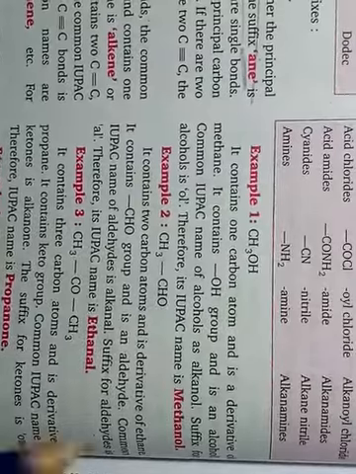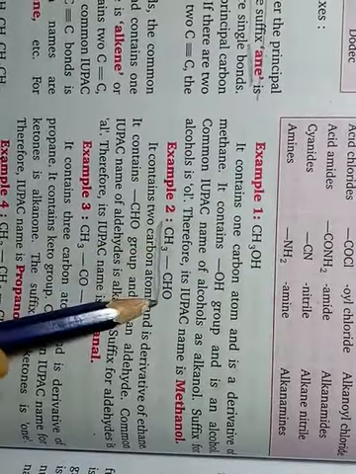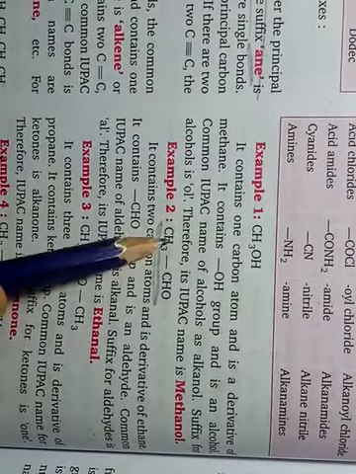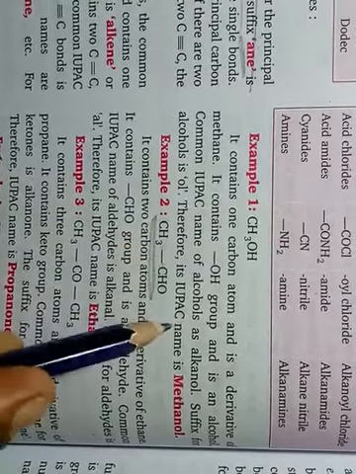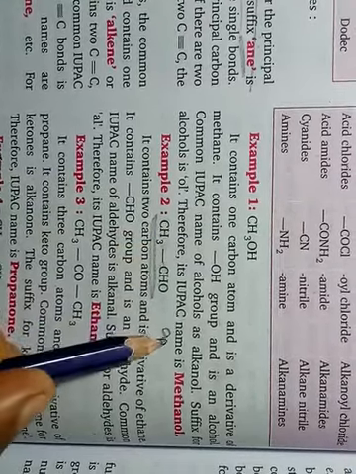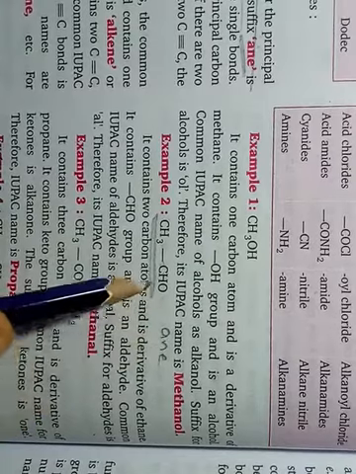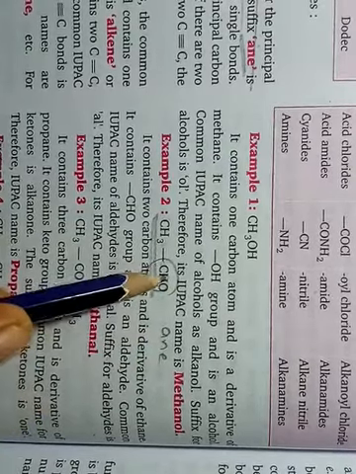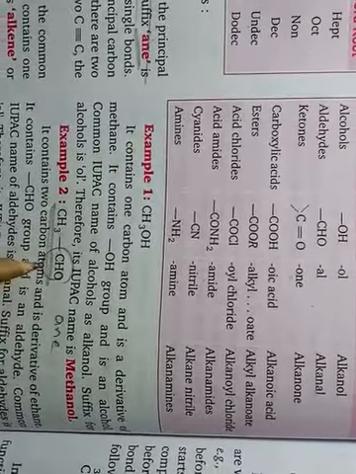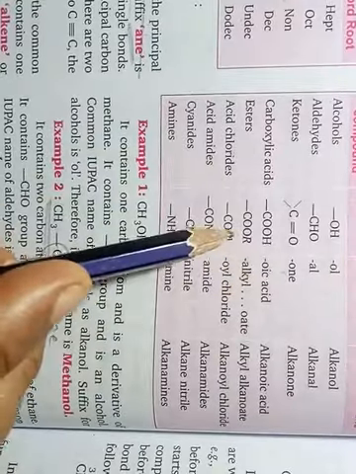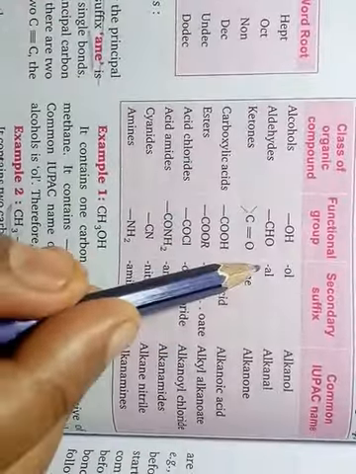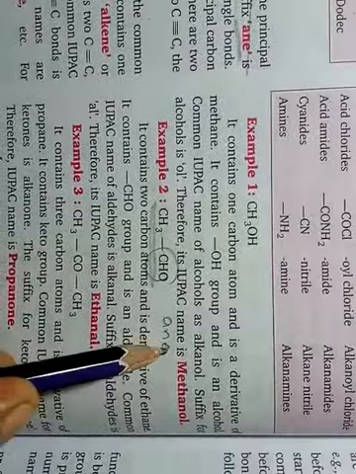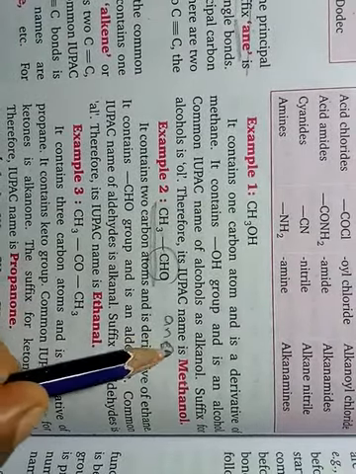For example, if this compound is given, all C-C bonds are single, so the primary suffix will be "-ane", and because the functional group is CHO, for CHO we will use the secondary suffix "-al". Since "-al" starts with a vowel, the e will be dropped and replaced by "-al".